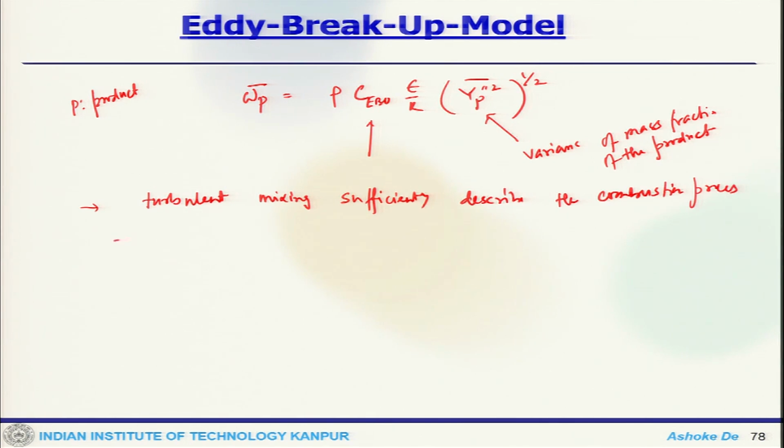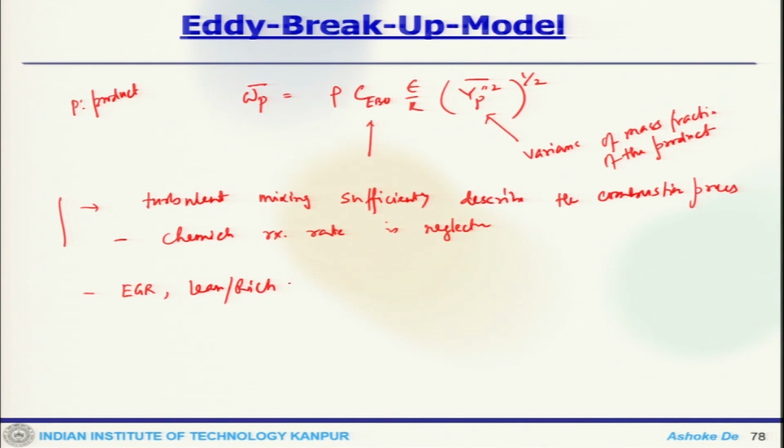Number two, the chemical reaction rate is neglected or negligible. So, this is quite simple, but there are issues: if you want to use it for, let us say, EGR or lean or rich combustion conditions, this is not quite applicable.